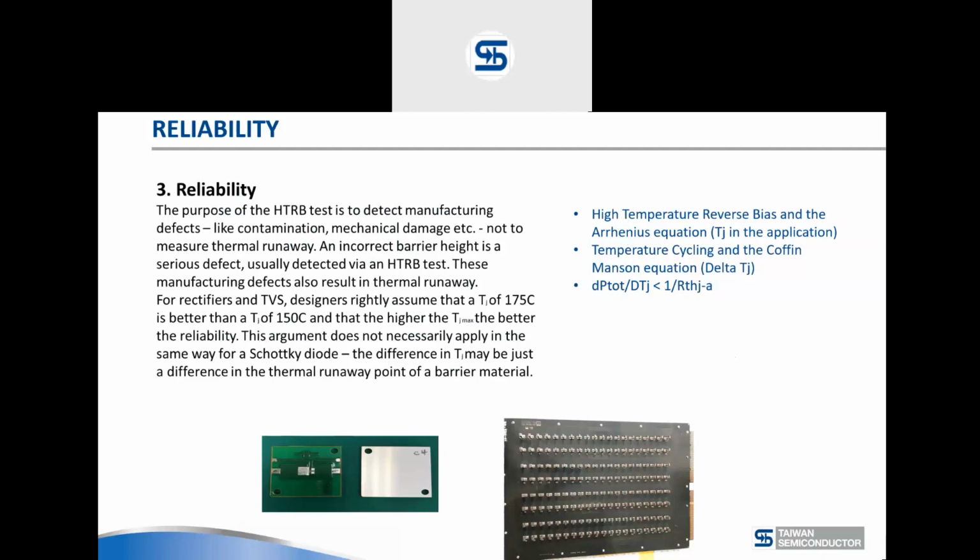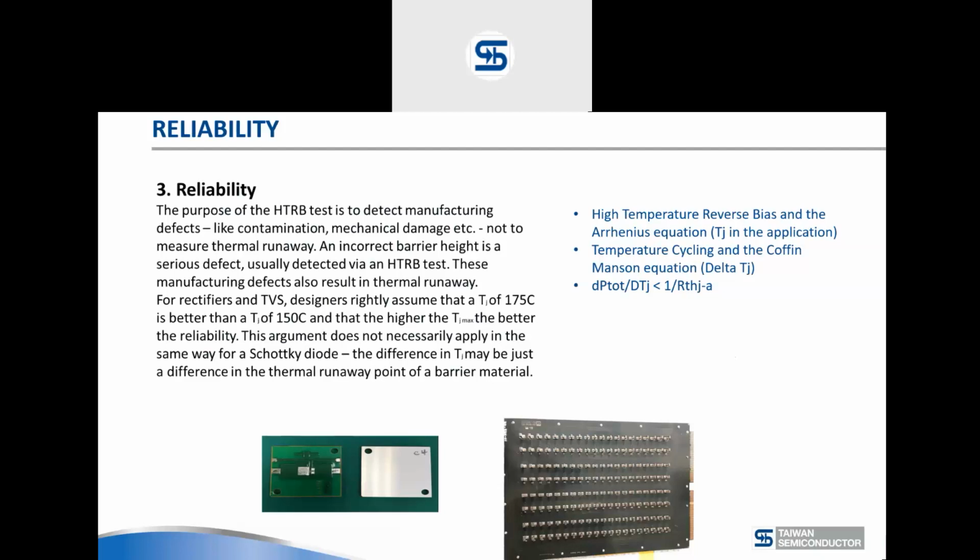The formula that I showed you earlier is about the junction temperature being dependent on the thermal resistance. The picture you're seeing on the slide shows test boards for high temperature reverse bias. These are ours, but I think we all do this in the business.